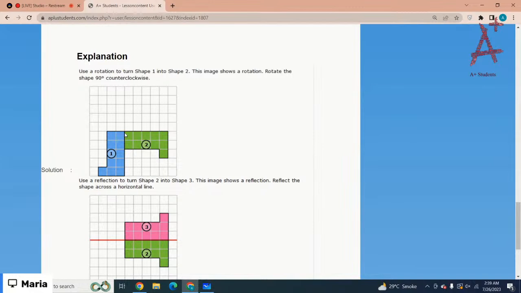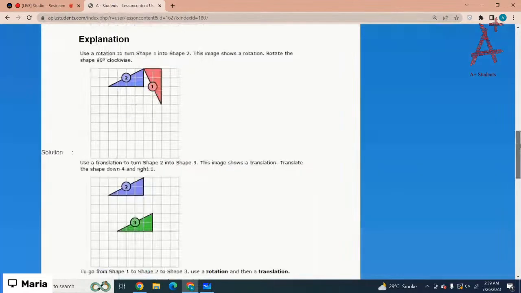From one corner, you move and the corner is exactly the same, so that would be just a rotation. And for the reflection, that is just like if you see the shape in the mirror, the one, two, and three are opposite, so they are the reflection. Let's just start with the practice question.